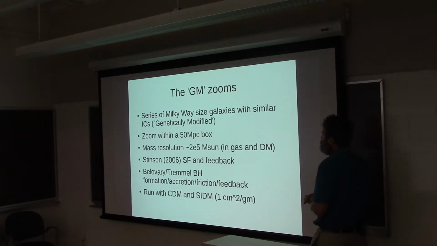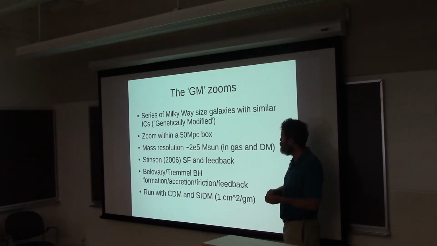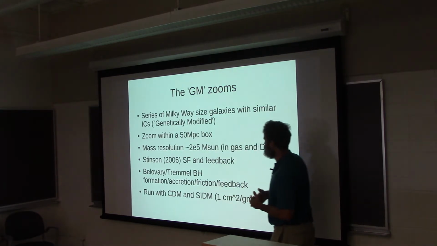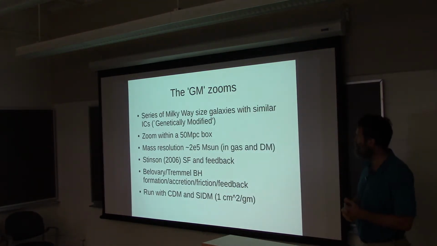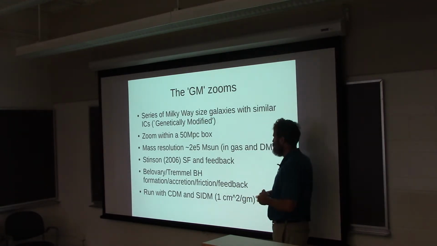And so we changed essentially the mass of a late merger by changing the initial conditions. And this is a technique that Andrew Pontzen developed, very similar to, it was quite a while ago, Yehuda Hoffman had a similar technique. And so this is a galaxy that's picked out of a 50 megaparsec box.